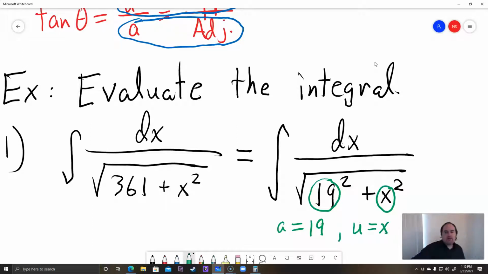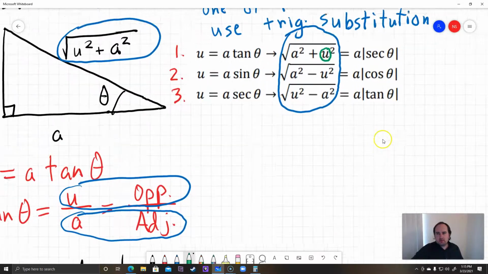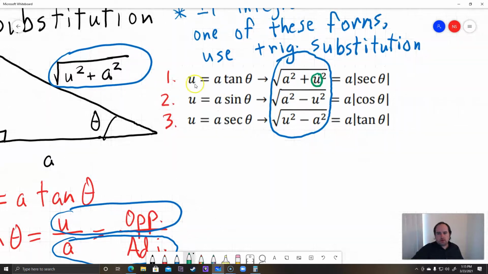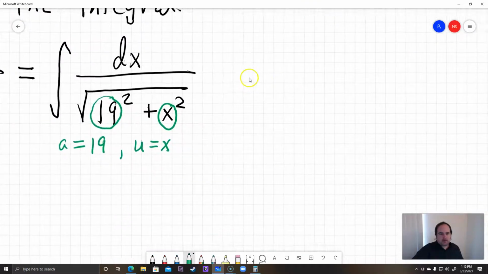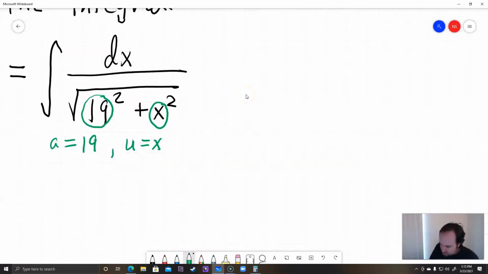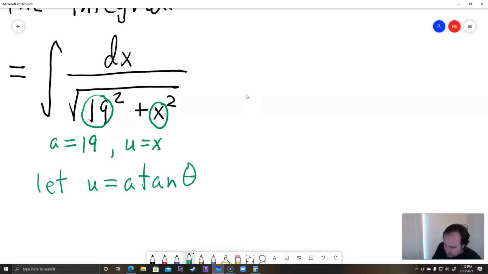And then we're going to go ahead and make the trigonometric substitution. So we're going to use u equals a tangent of theta. That's called making a trigonometric substitution. So we say let u equal a tangent of theta. But the thing is, in this problem, u is actually just x.